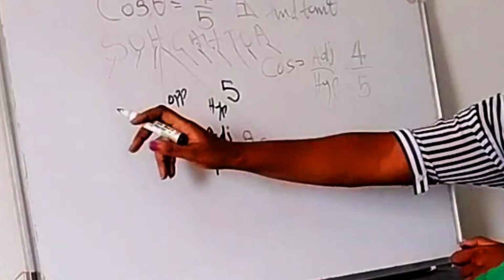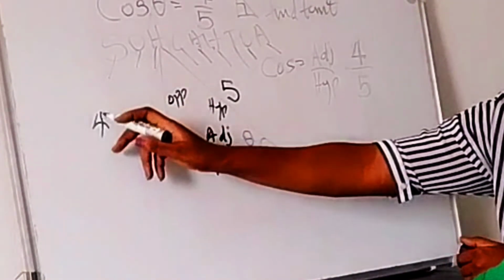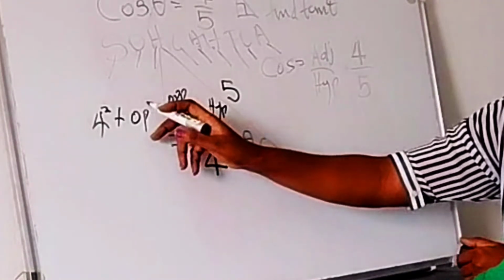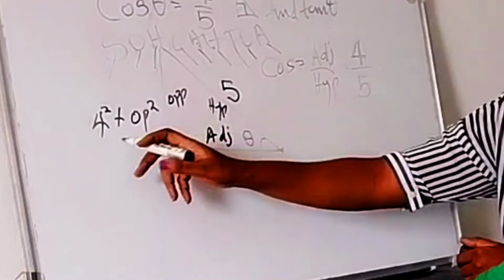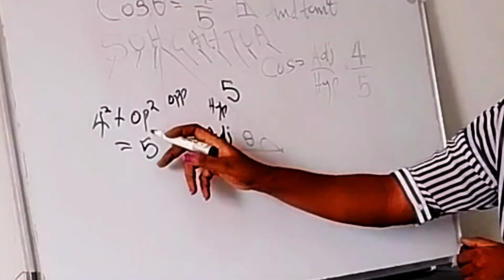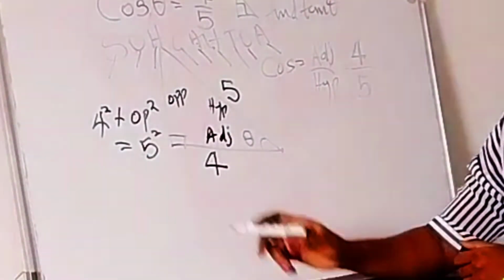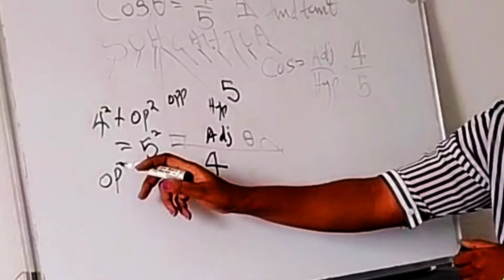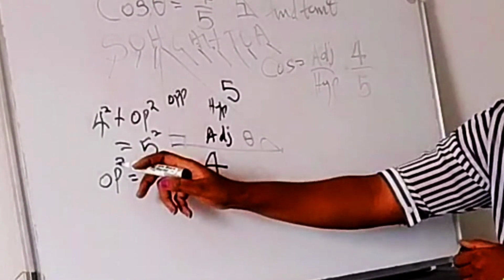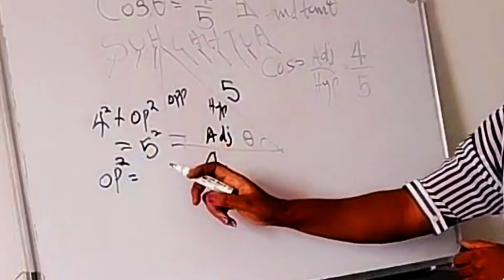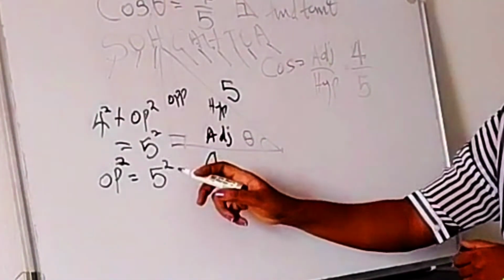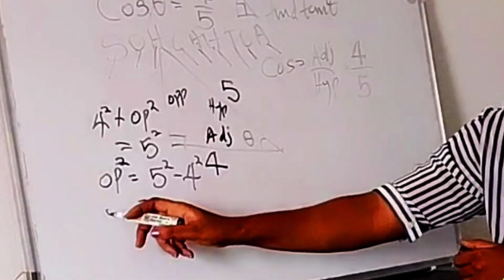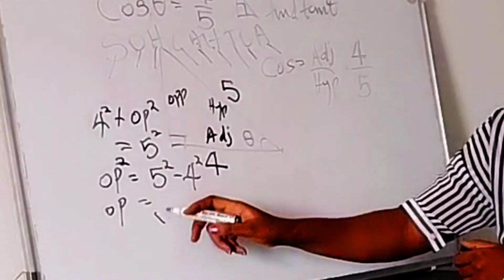That means we will say 4 square plus the opposite side square will be equal to 5 square, right? That means if we make the opposite side square the subject of the formula, it will be 5 square minus 4 square. Then the opposite will be found by finding the square root, right?